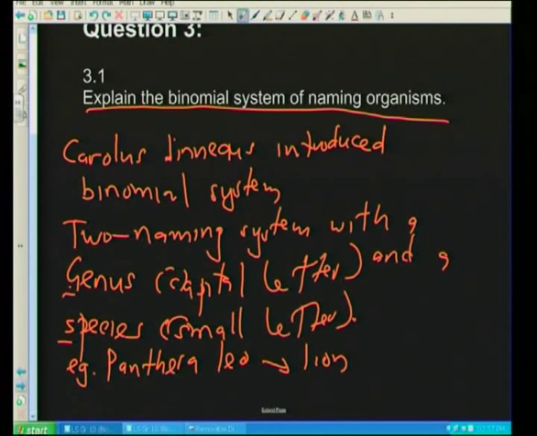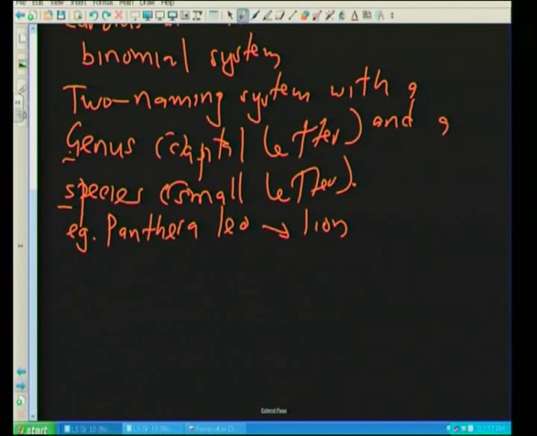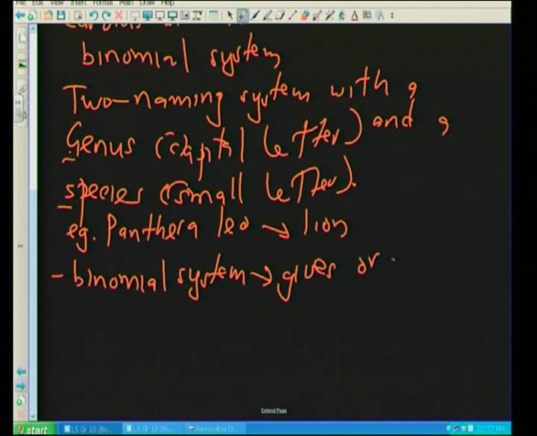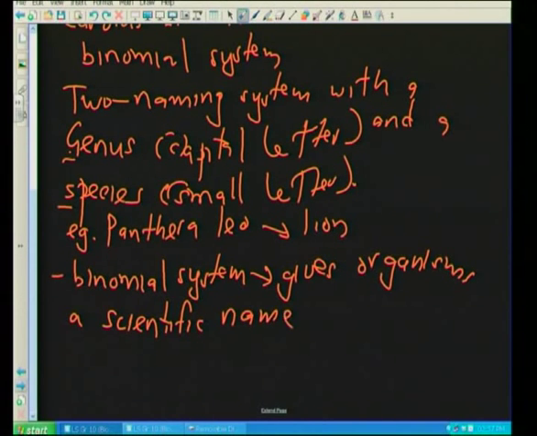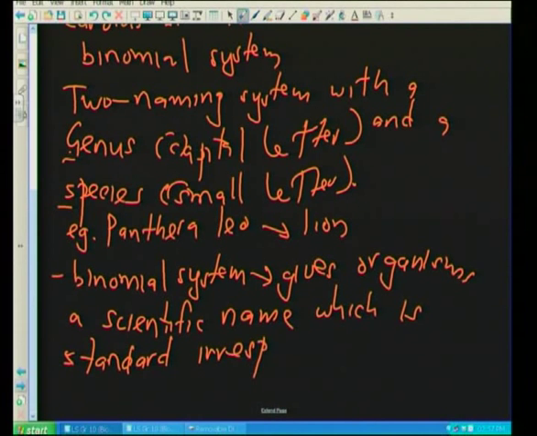You can also state that the binomial system gives organisms a scientific name which is standardized irrespective of country.